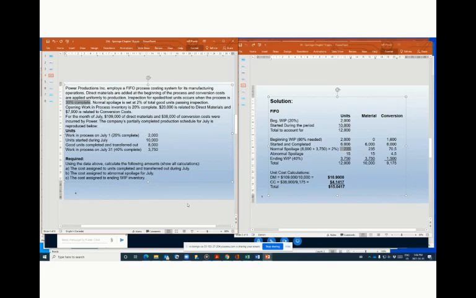I can now focus on the next unit and do that all the way through, because hopefully it will pass inspection. So in this case, we identify the error at the 30% point.